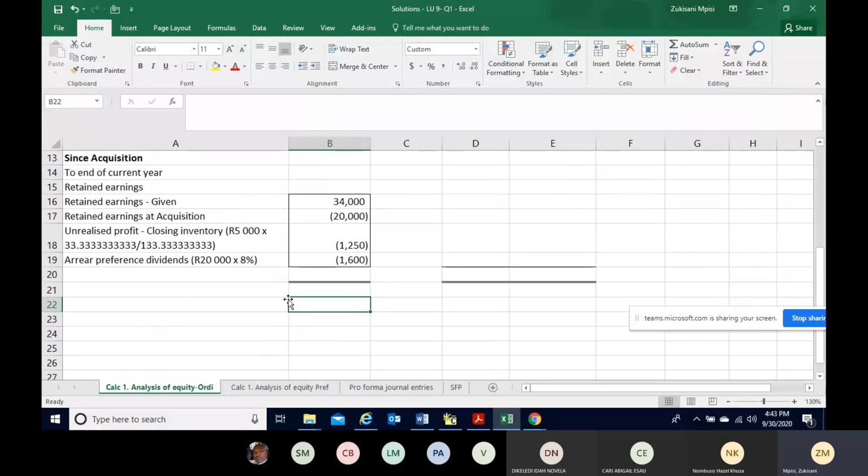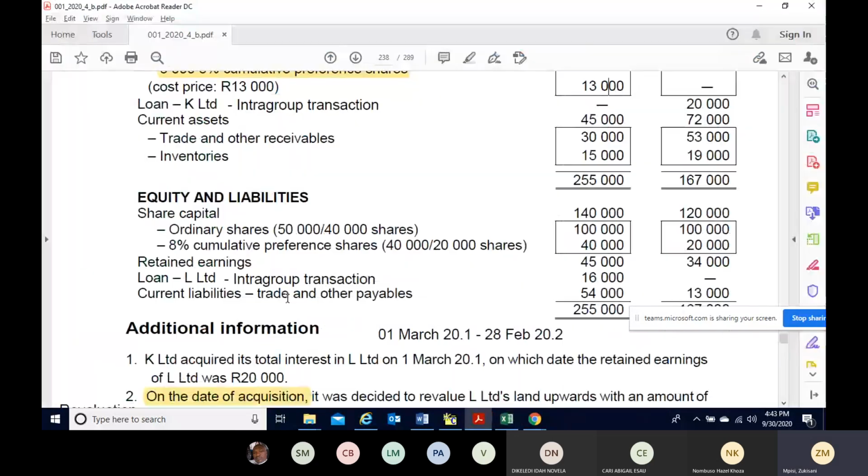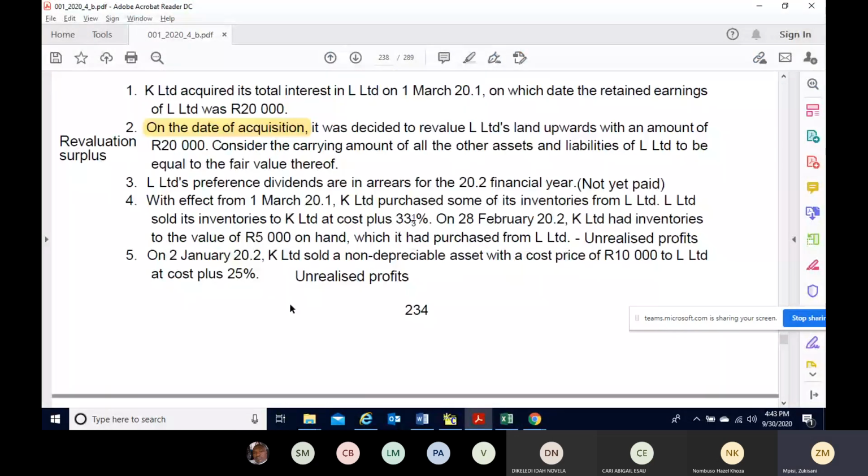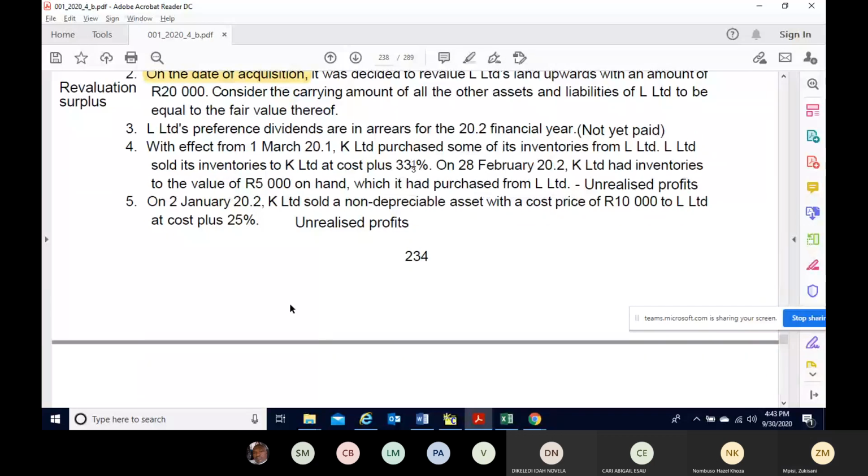So I've got a question for you. There's another statement provided here. KLTD number 5. KLTD sold a non-depreciable asset with a cost price of 10,000 to LLTD at cost plus 25%.